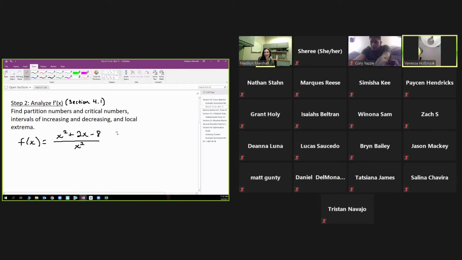We could use the quotient rule, since this is a quotient. But way back when we were first learning the power rule, we were actually able to do something to this function to make it possible to use just the power rule.